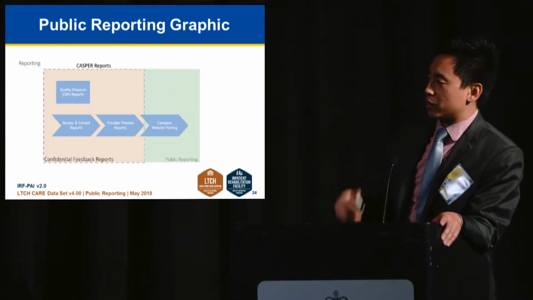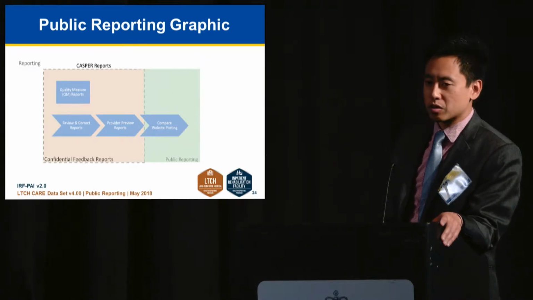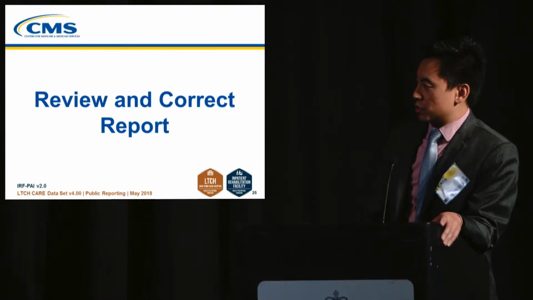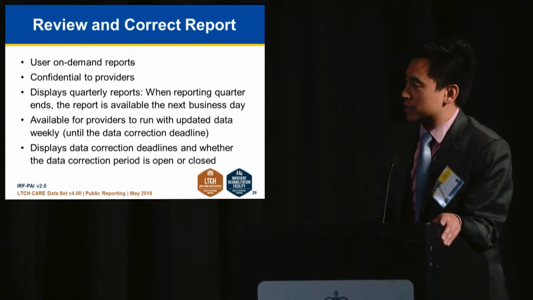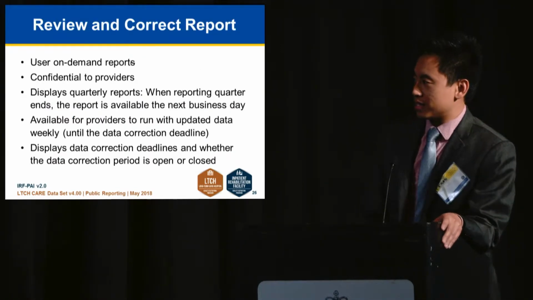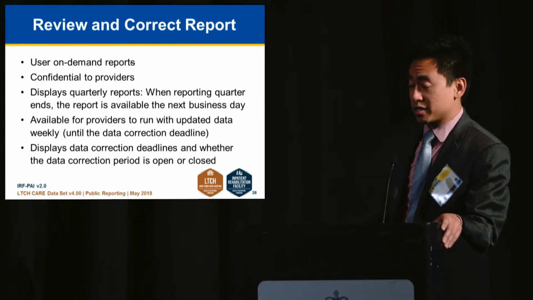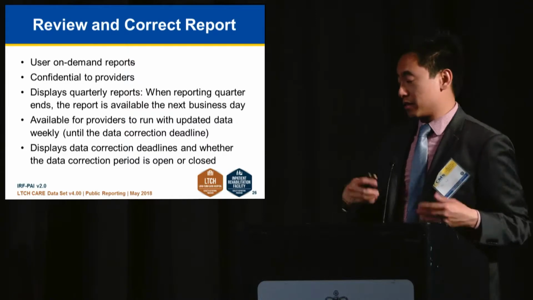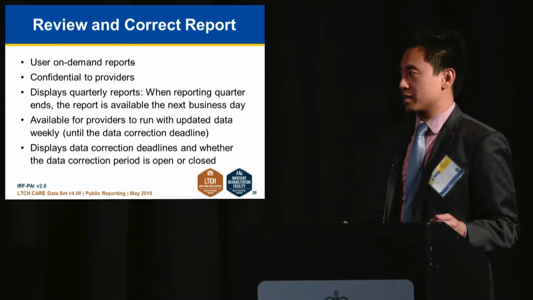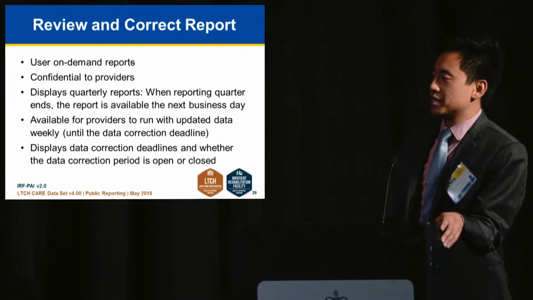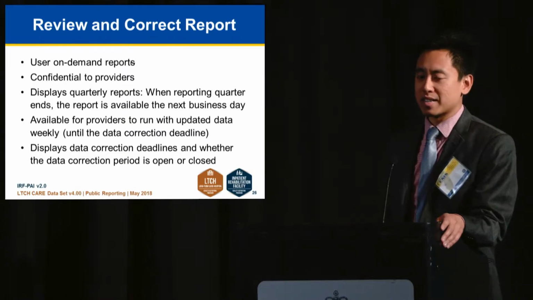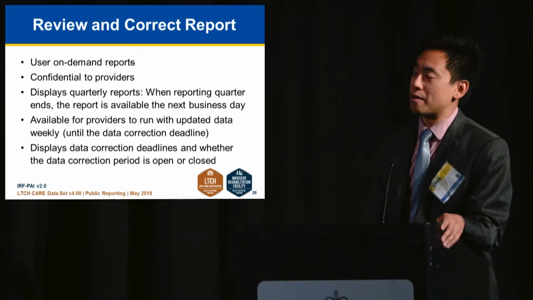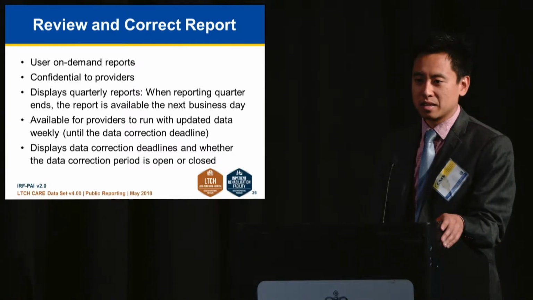And then the top row is the quality measure reports. The review and correct reports are user on-demand reports, and they're confidential to providers. These are quarterly reports. When the reporting quarter ends, the report is available the next business day. Currently today is May 8th, so this is quarter 2, 2018.